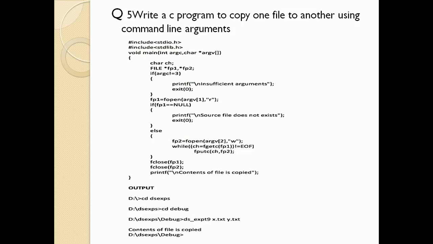So command line arguments mean what? The command line parameters or arguments are the parameters that are passed to the function main when the program is invoked. These parameters are passed by the operating system to the programs.